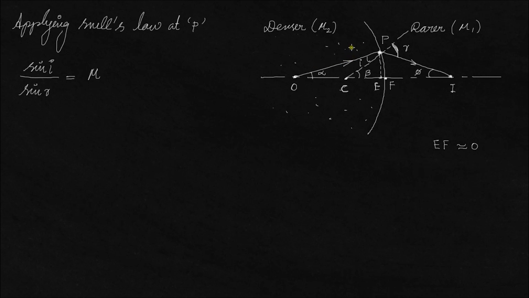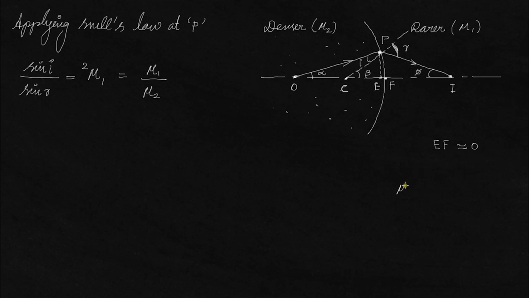Now the light ray is traveling from the denser to rarer medium, that is from medium 2 to medium 1. So you have to write the refractive index of the first medium with respect to the second medium, since the light is moving towards the first medium. This is equal to mu1 by mu2, where mu1 is the absolute refractive index of the rarer medium, and mu2 is the absolute refractive index of the denser medium.